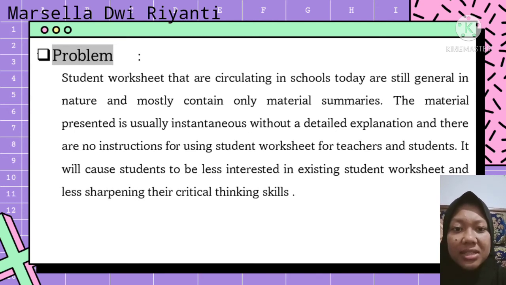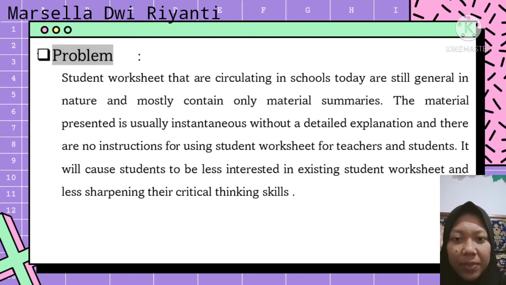It causes students to be less interested in the student worksheet and less able to sharpen their critical thinking skill. So, it is necessary to update the student worksheet with content that can guide students to think critically and a design that does not seem monotonous.